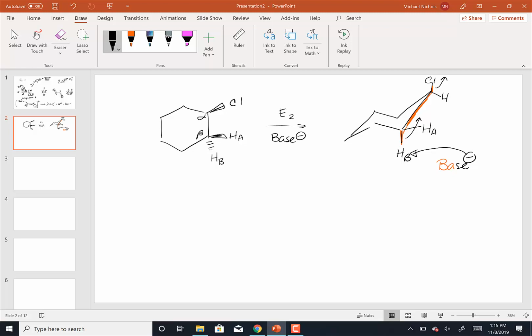Does that make sense to everybody? So therefore, which beta hydrogen is removed relative to the chlorine? The hydrogen that is trans. So only the trans beta hydrogen is going to be removed in an E2 mechanism.